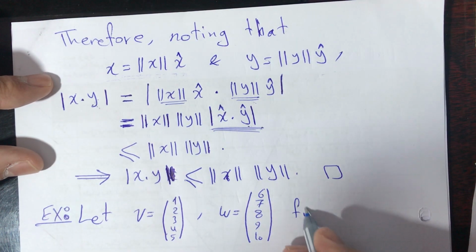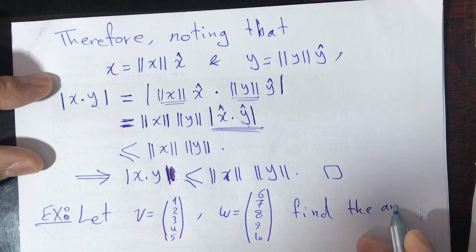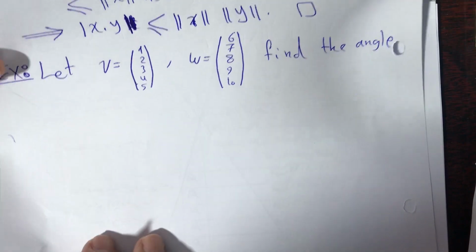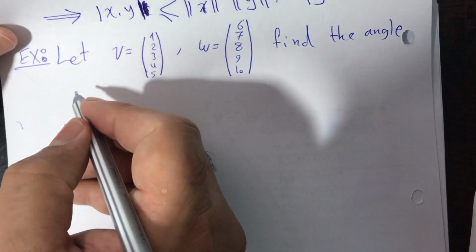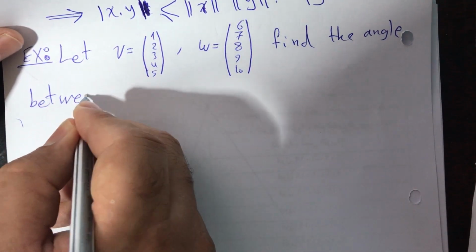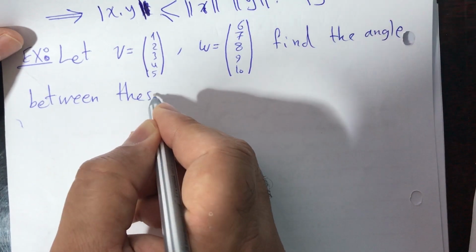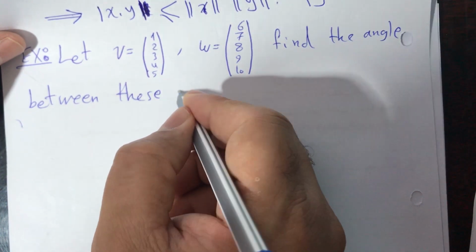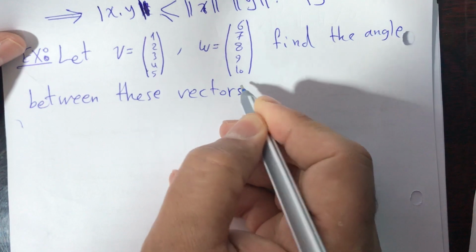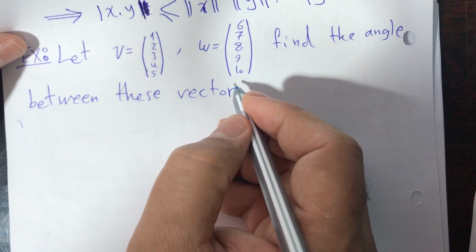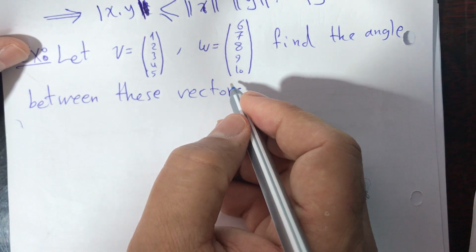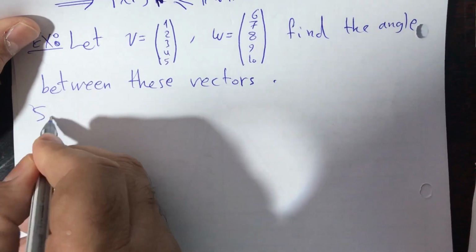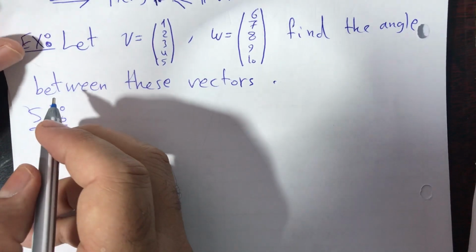Find the angle between these vectors. Now the solution. Solve this example.